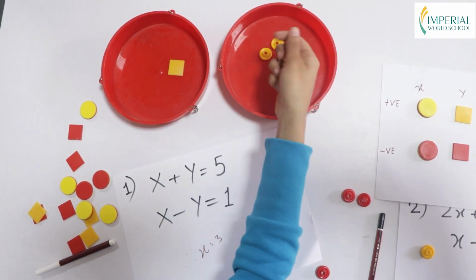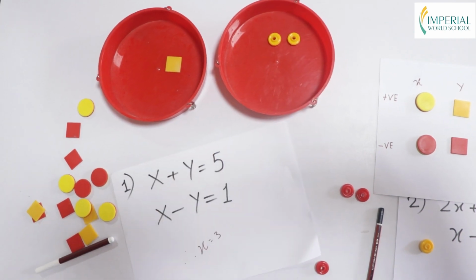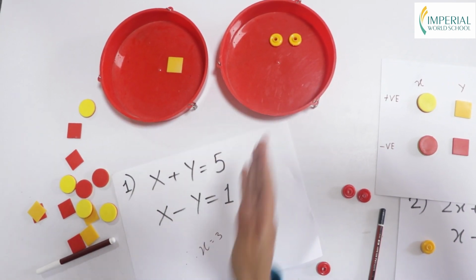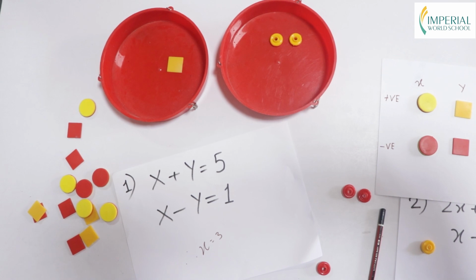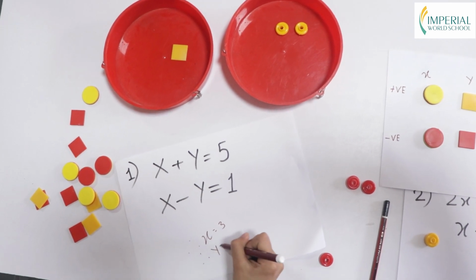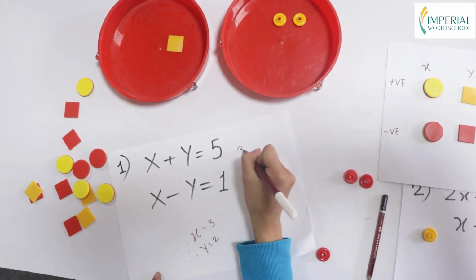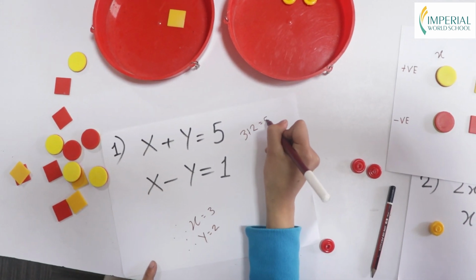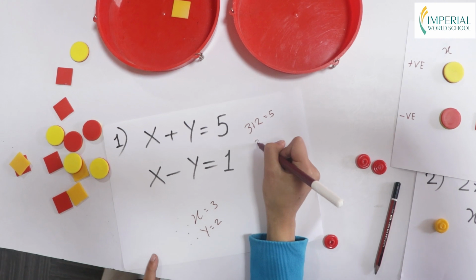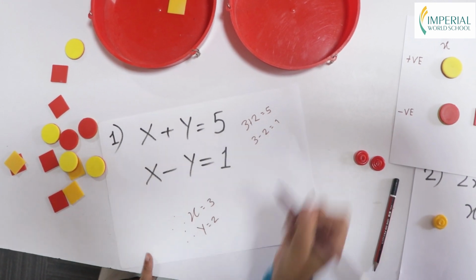I'm equally taking 3 from each, which leaves us with y equals 2. Now let's check with the equations. 3 plus 2 equals 5. Yes, this one is correct. And 3 minus 2 equals 1. We got it correct.